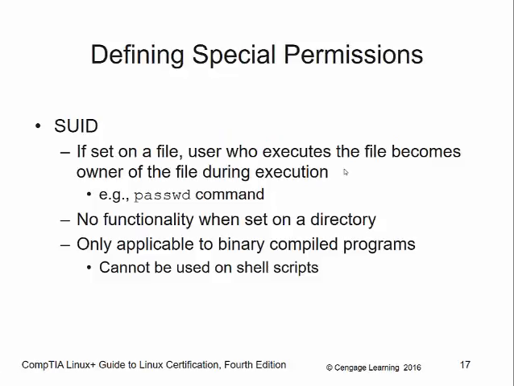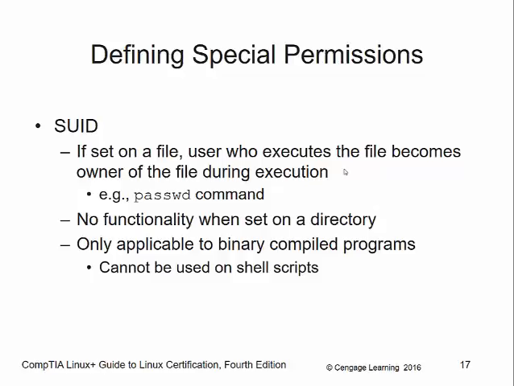The set UID only works on executable files. It is only applicable to executable files. What happens is, let's say root owns an executable file, right? And you're a regular user, you're Bob, and you have execute permission on that file, and you go to run it. Well, what's going to happen is that program is going to run with the permissions of Bob. It's going to run under the context of the user Bob.